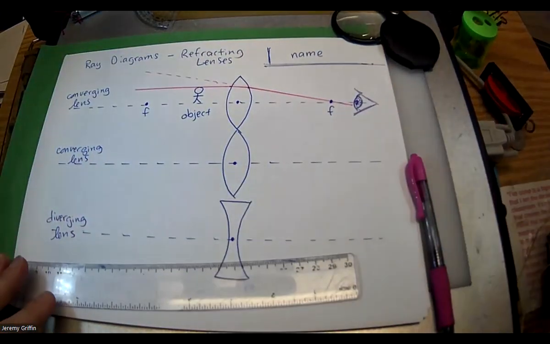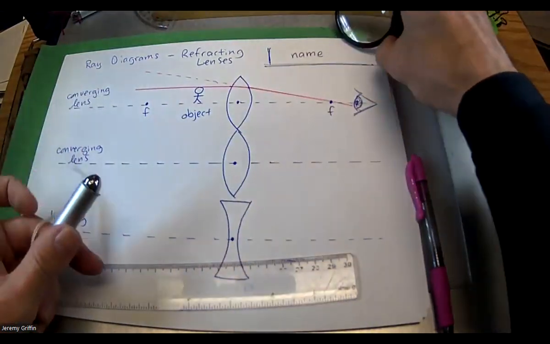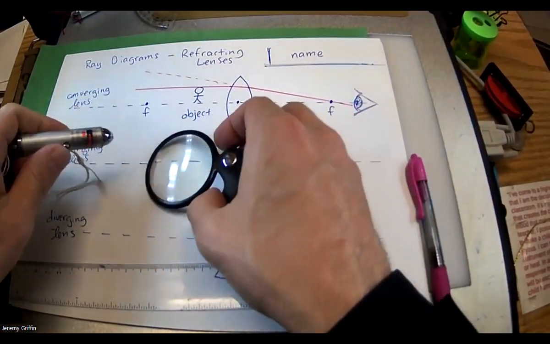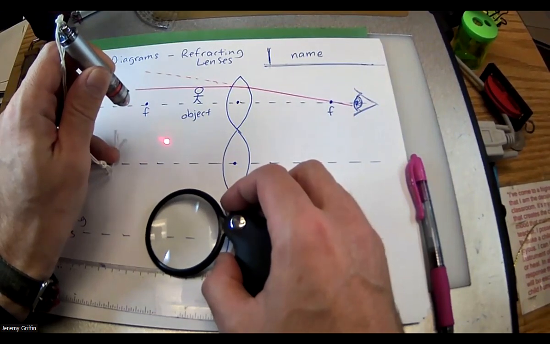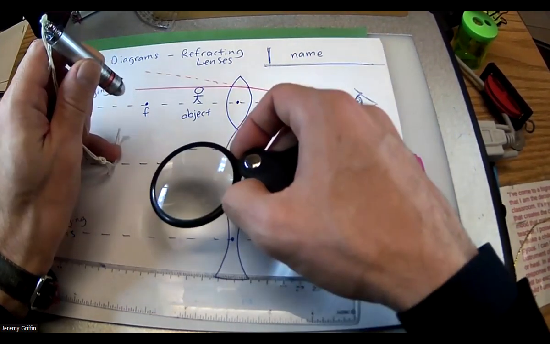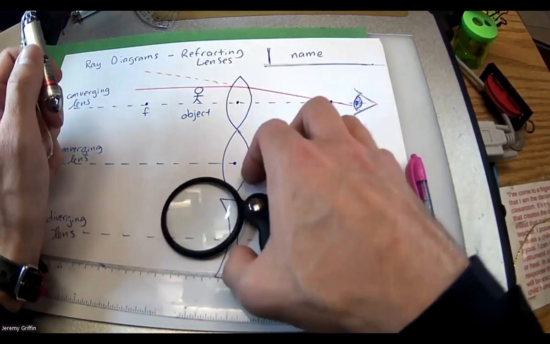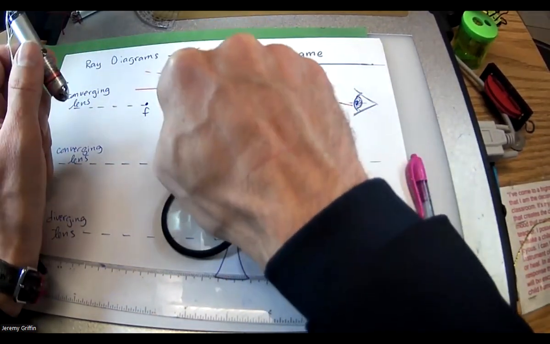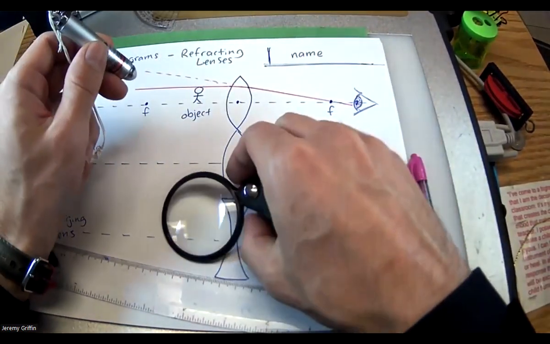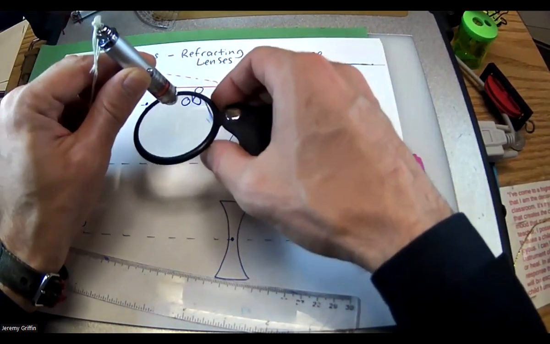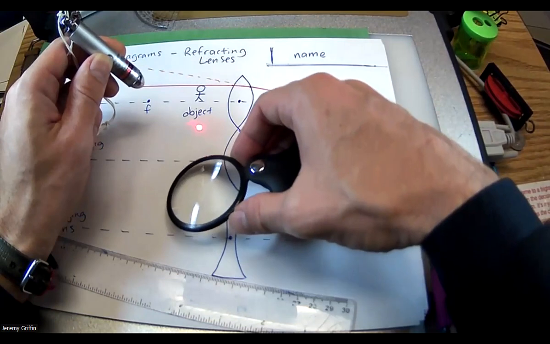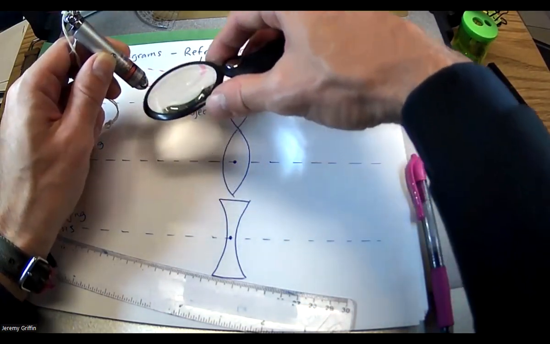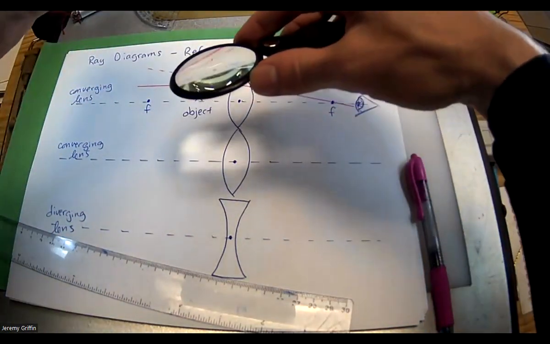Let me show you guys that too with this converging lens and this laser. Okay. So say it shined down a laser dot. Okay, so you guys see where the laser dot is, right? Okay. But if I put the converging lens between the two, then shouldn't it bend it like this way, like down? I think it should if I shine it right here, right? Okay, now this is kind of tricky just because you guys are stuck in a certain place, but let's see if I can get this at least to work on camera.